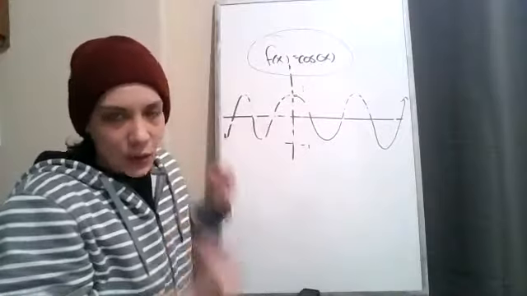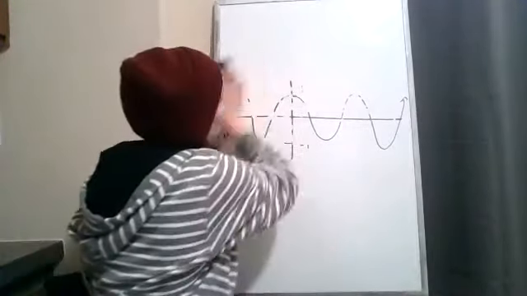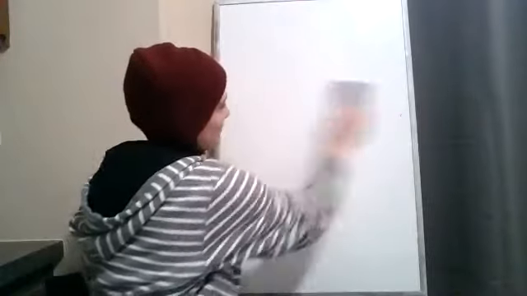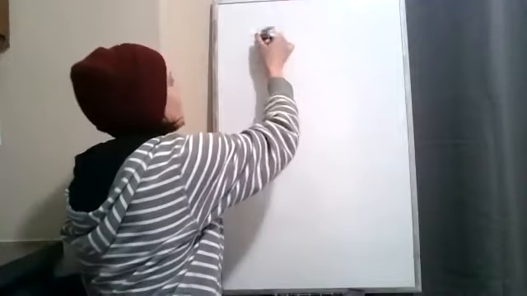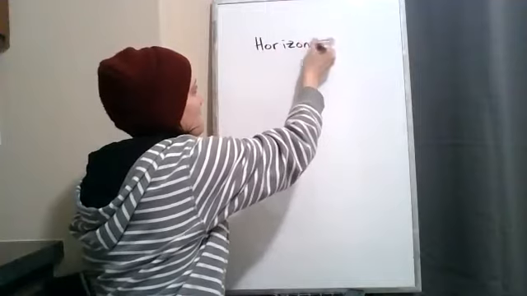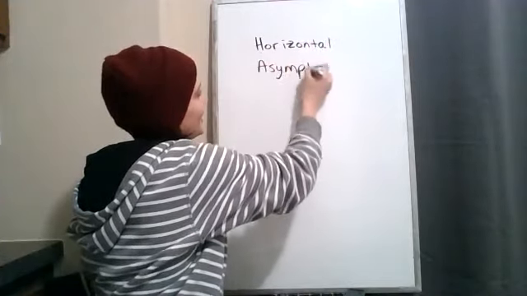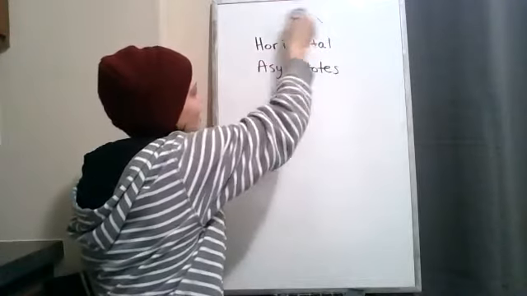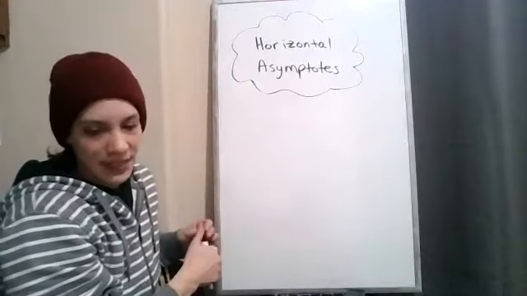Okay, horizontal asymptotes. That's what was next. It's kind of the same idea.